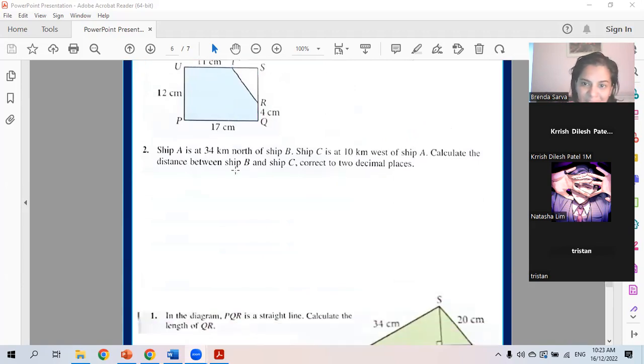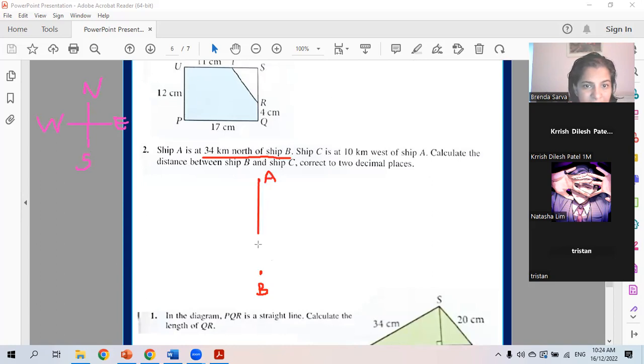Now the ship story. For this, you surely need to know your compass. Okay, so again, north, east, south, west. Remember, okay, that's how it goes. A ship is at 34 kilometers north of ship B. So ship A is north of ship B. So you put this must be B, and maybe this is A because it says north.